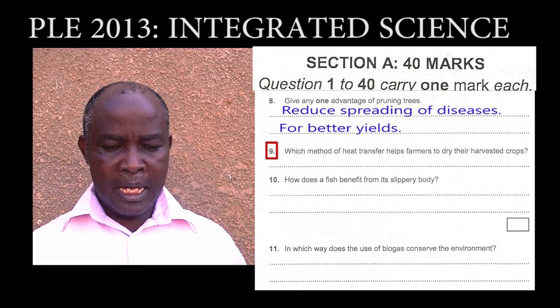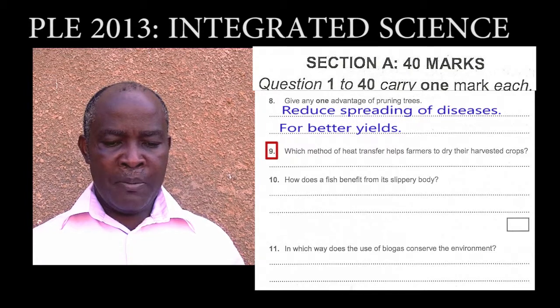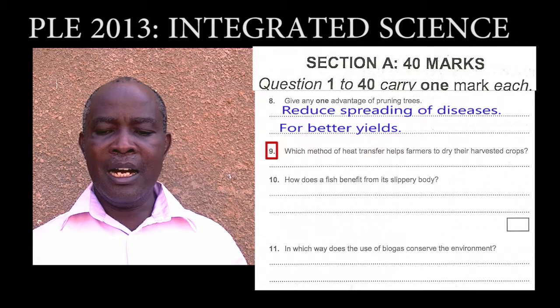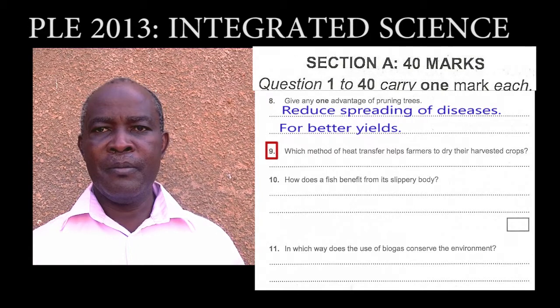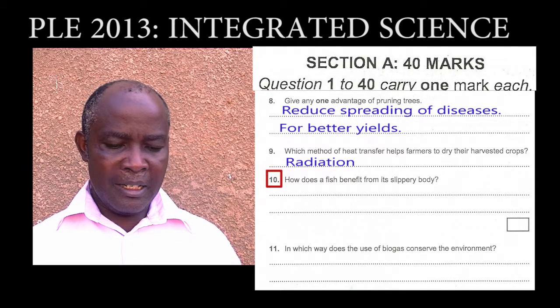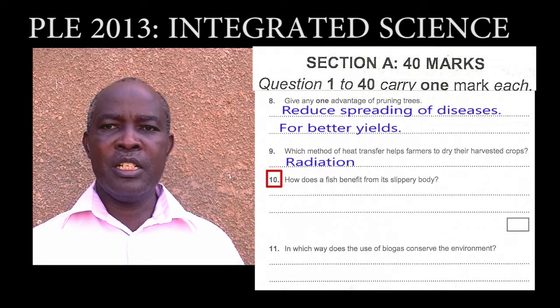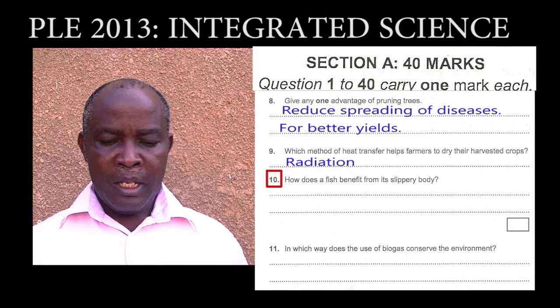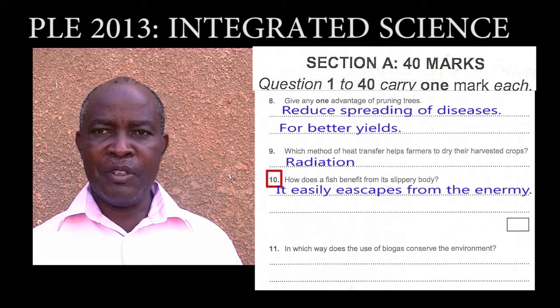Number 9, which method of heat transfer helps a farmer to dry their harvested crops? That is radiation, heat from the sun. Number 10, how does fish benefit from its slippery body? It easily escapes from the enemy.